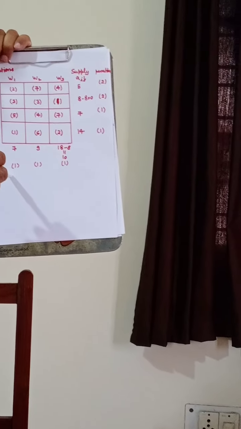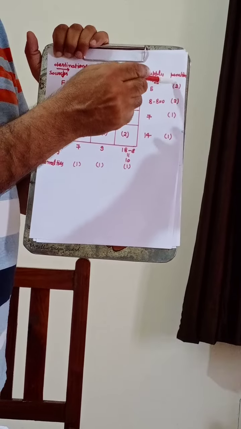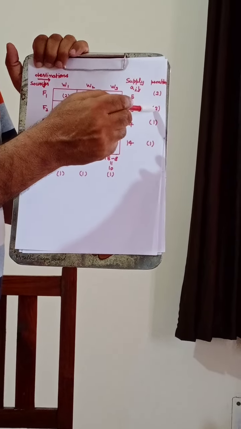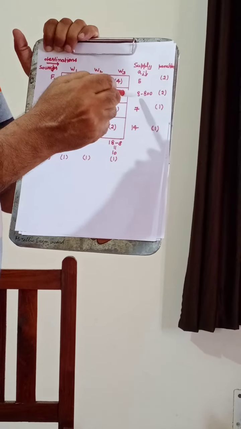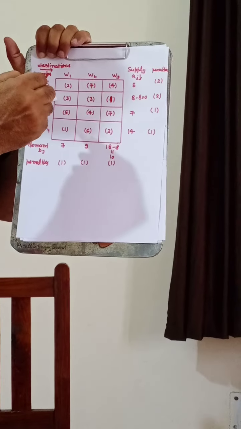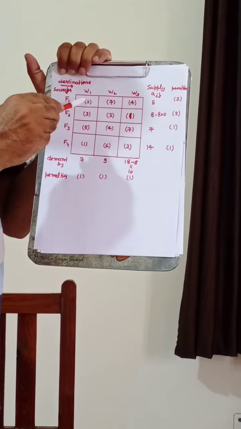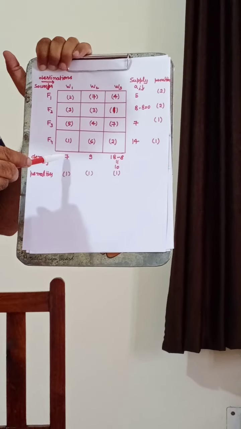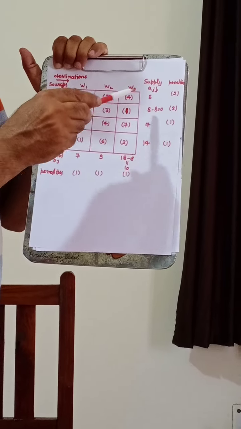Clearly the maximum penalty is 2, but it is present in 2 places, the first row and the second row. So we look at the first row and the second row. In the first row the lowest cost is 2 and we can allocate 7 here, not 7 but only 5.